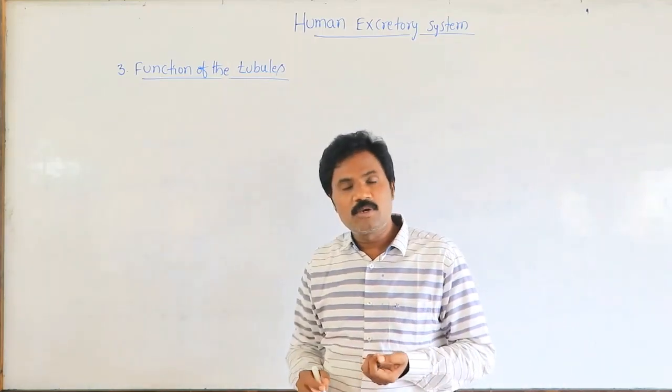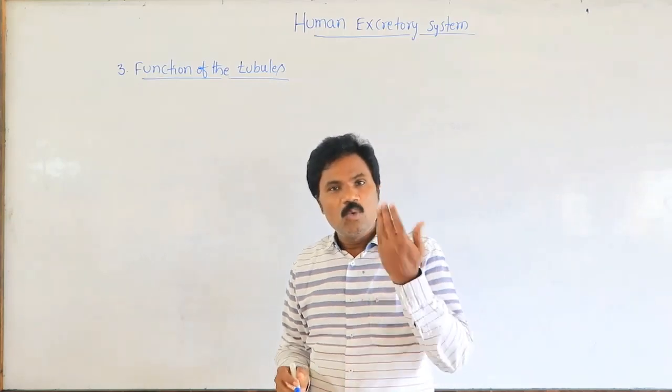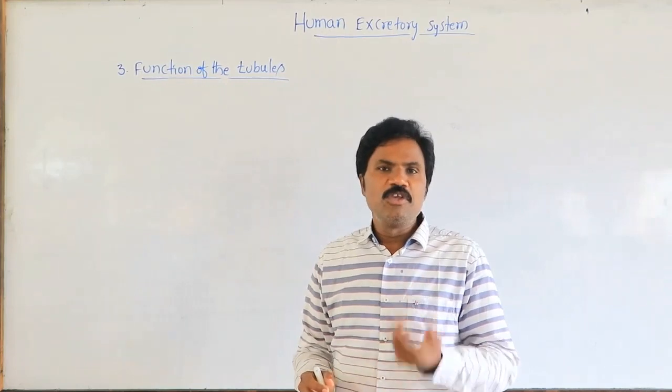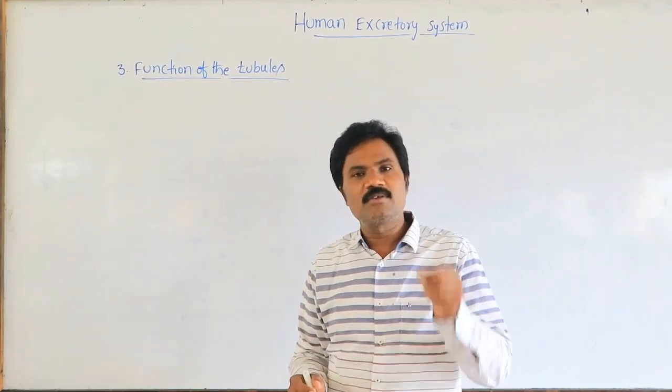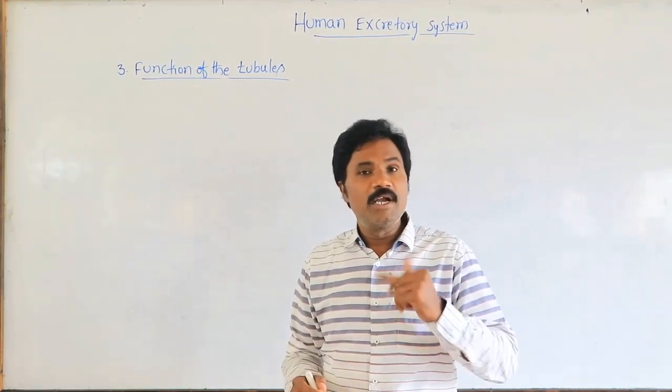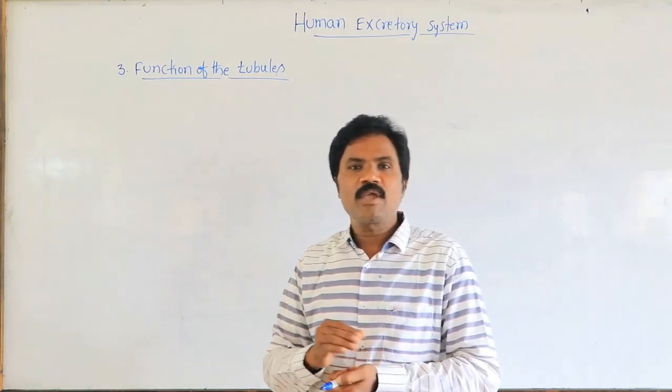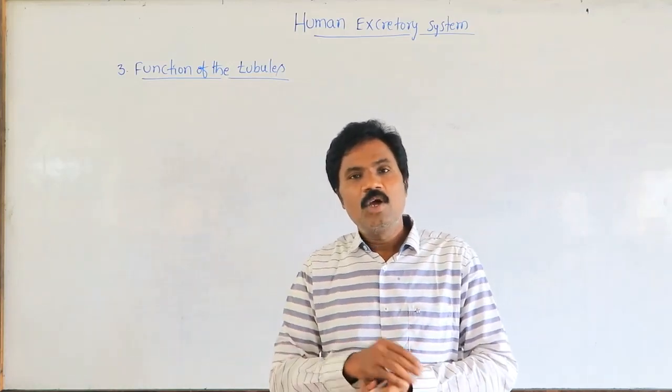Before discussing this, what is meant by reabsorption? The substances come back into our body. What types of substances are reabsorbed, and how many types of reabsorption are there? Either active or passive mechanism.